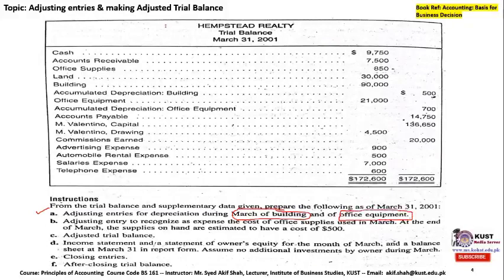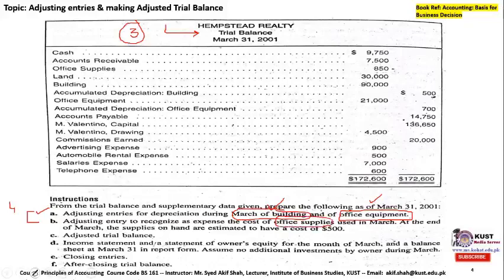So basically this is step number 3 of the accounting cycle, and we have already been given the trial balance, after which we have done step number 4 in the first 2 instructions of this question. For those, you can listen to my previous lecture, lecture number 26, where we discussed in detail how to make adjusting entries for building, for office equipment, and then in instruction B, we also made the adjusting entry for office supplies used during the month of March.